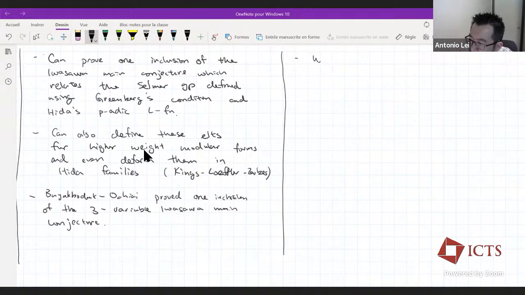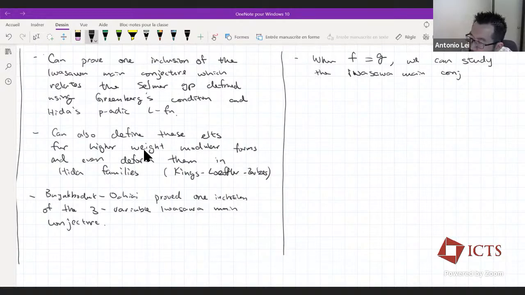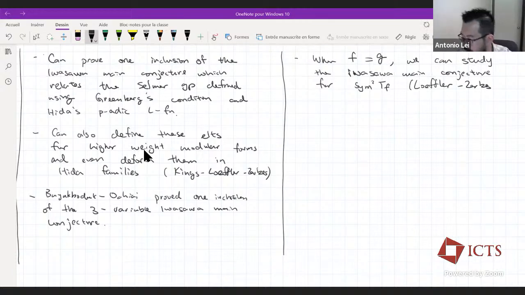So when F is equal to G, we can go back to the setting of Flach and study the Iwasawa main conjecture for the symmetric square representation associated to T_F. There are some technicalities. You have to twist it by some Dirichlet character to make sure things work, but I won't go into the details of that. But this is work of Loeffler and Zerbes.